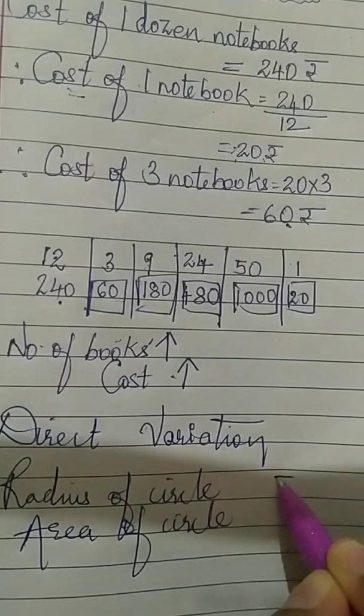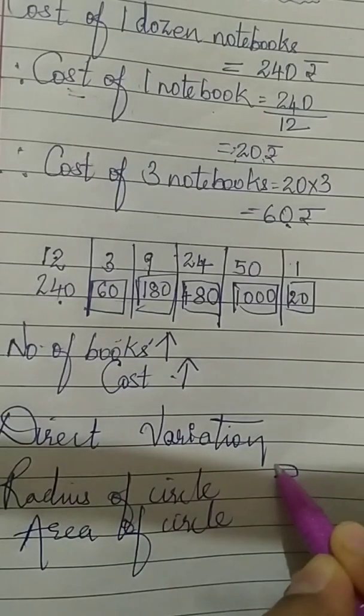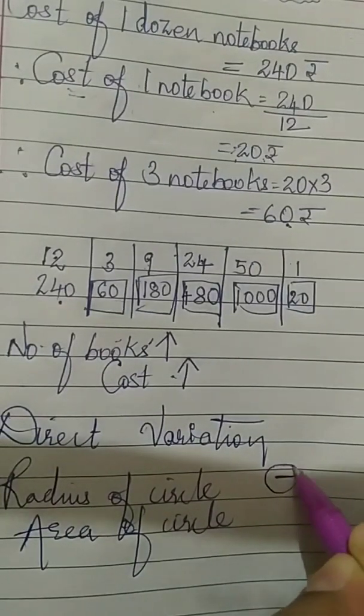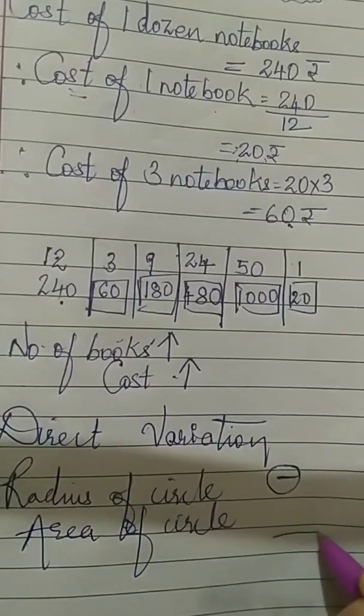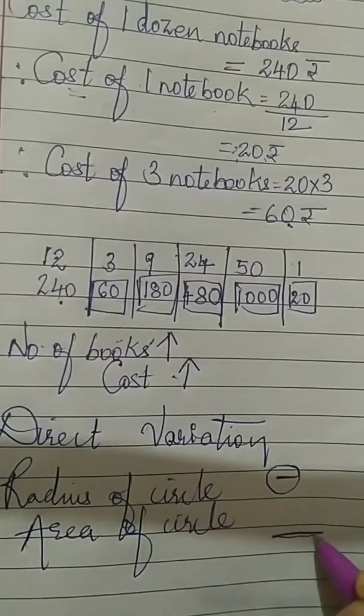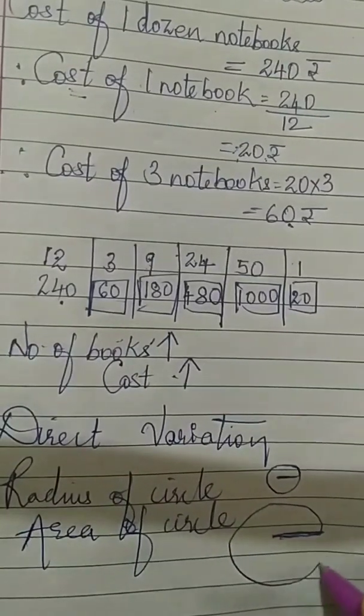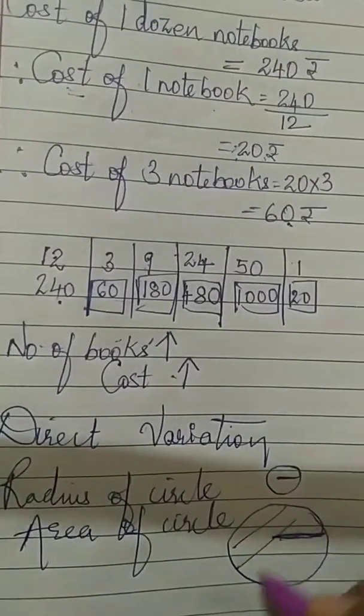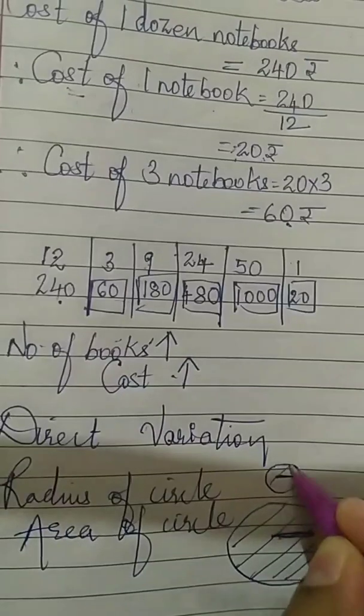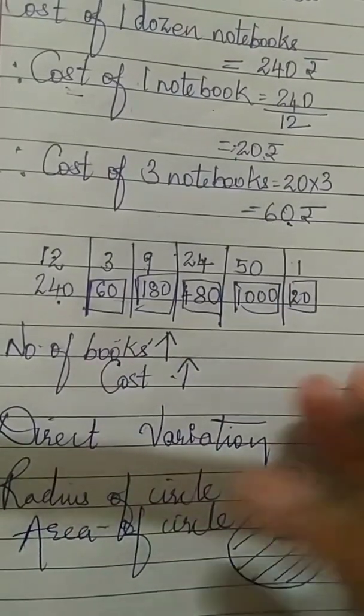Suppose the radius is only this much, the area will be this much. As the radius increases, the area will also increase. So this is also direct variation.